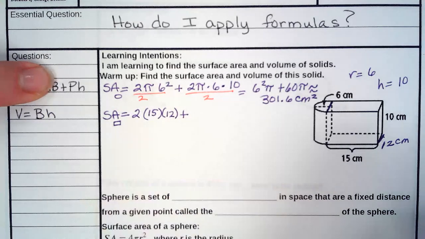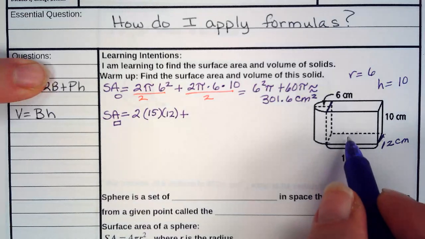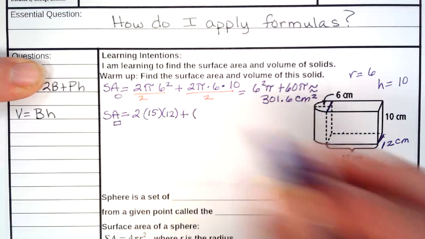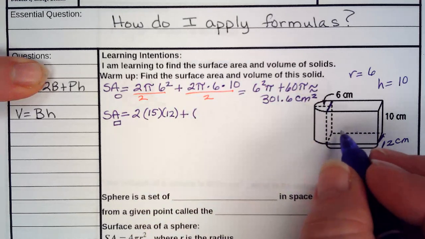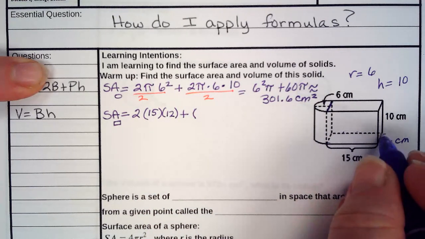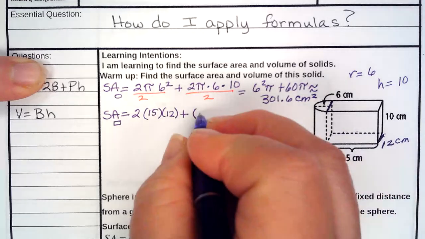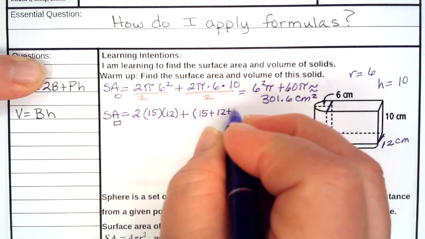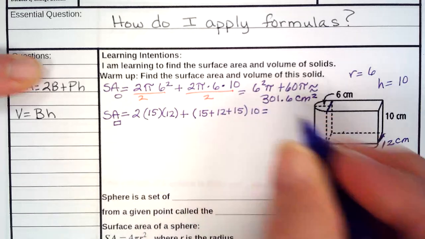Now we're going to look at the perimeter differently because we just need 3 sides of it. We don't need all 4 sides. So for my perimeter, instead of going all the way around, I'm going to use the 3 sides, and that will give me that lateral surface area. So it'll be 15 plus 12 plus 15 times 10.